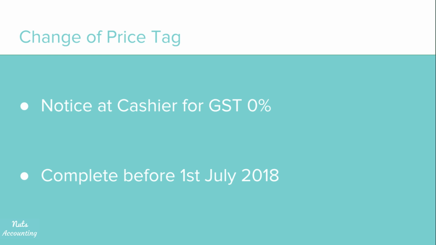And then you will need to put a very big notice at your cashier to notify your customer that GST is now at 6%, and although the prices displayed are with GST, the GST will be deducted at the point of payment. So put up this notice at your cashier and then work as fast as possible to change all of your price tags, and once it is done, you may remove your notice.